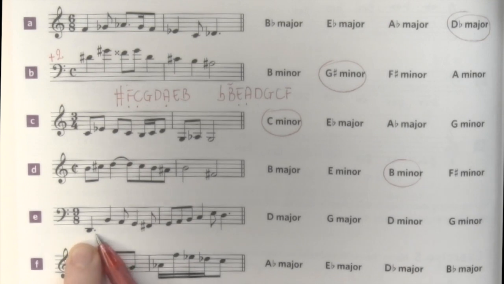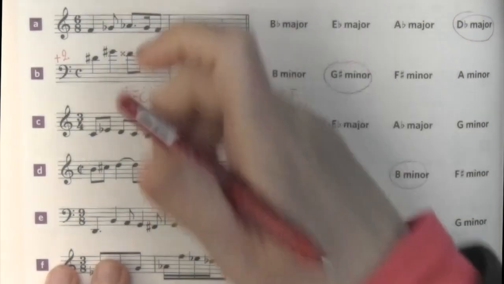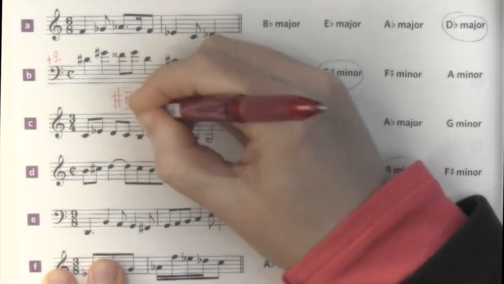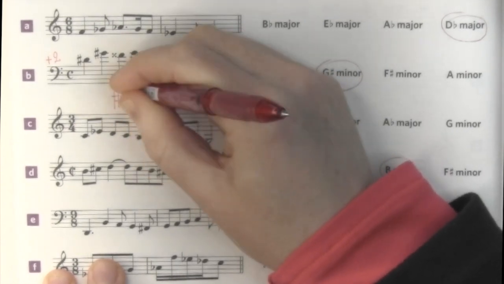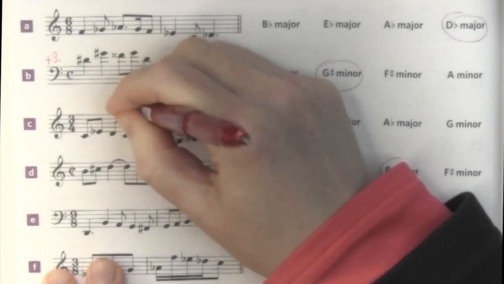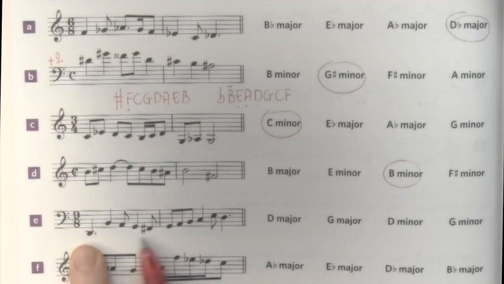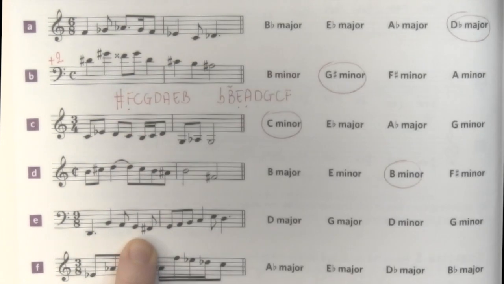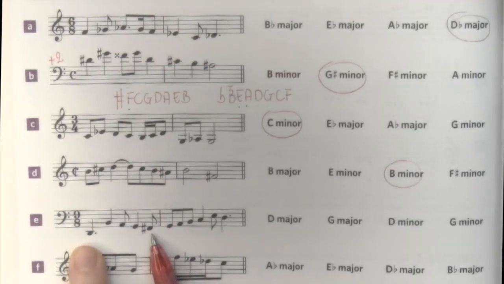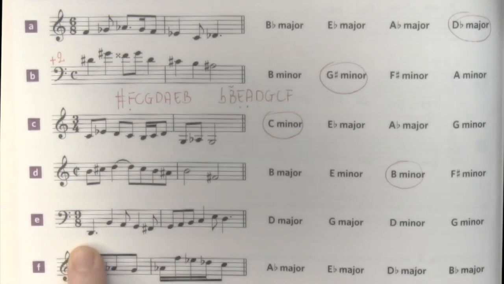The next one is in bass clef, and it has only 1 sharp, so I need to rub them out. Okay, and we have Fa sharp only. That's great. This means that we are in G major.